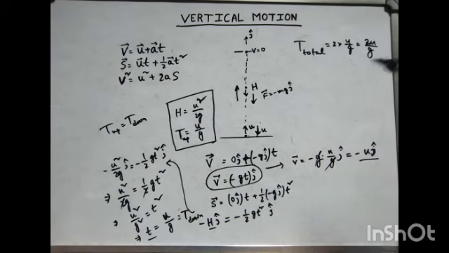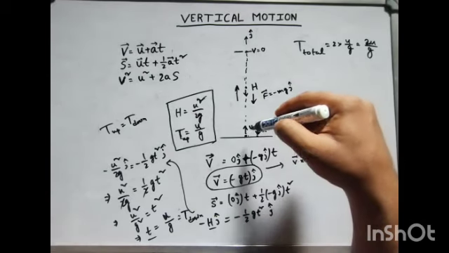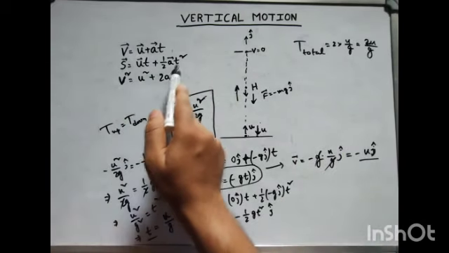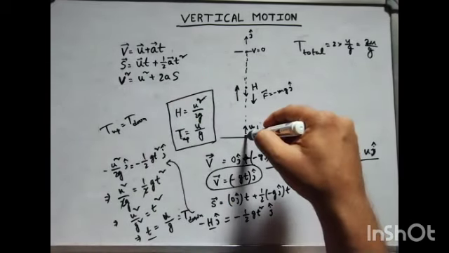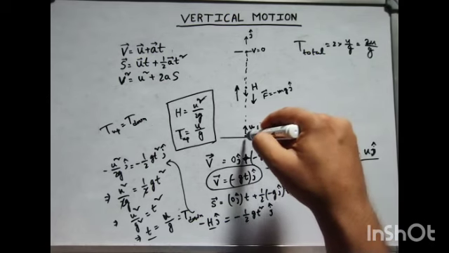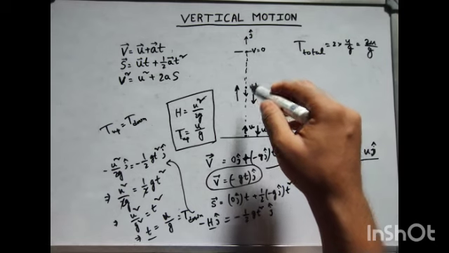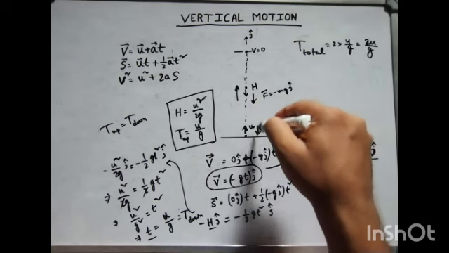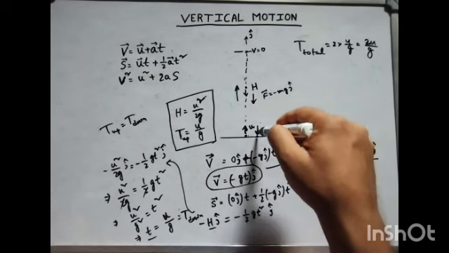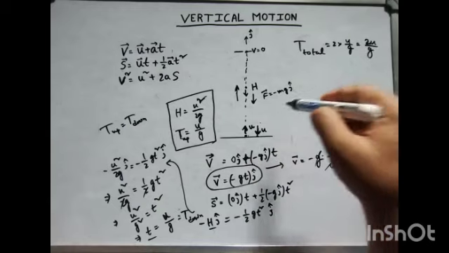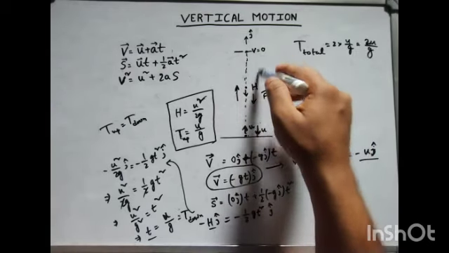And you can again verify this equation. Suppose you take the initial position as this, when you threw the ball upwards, and final position as this, when it comes back to the ground, then what is the time of flight?